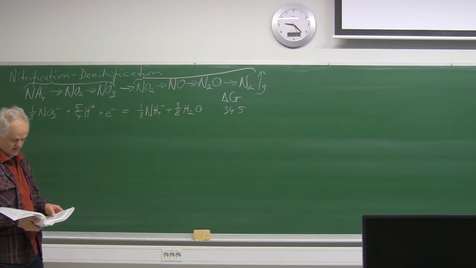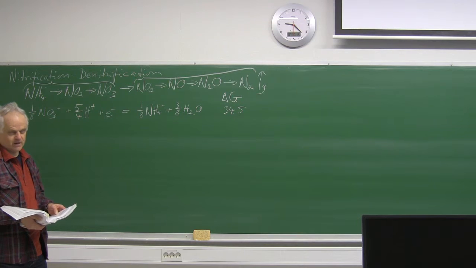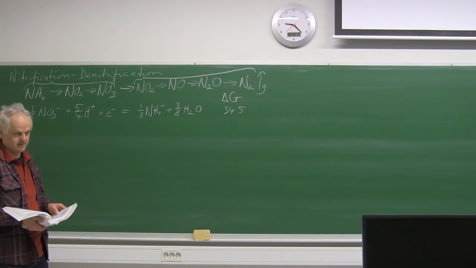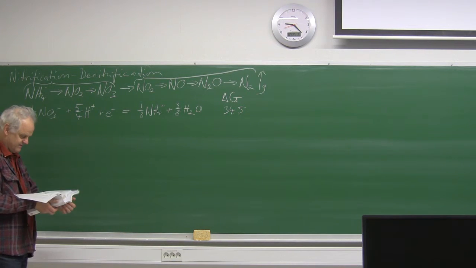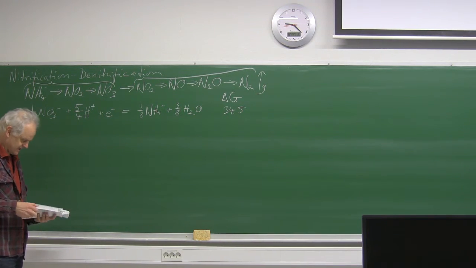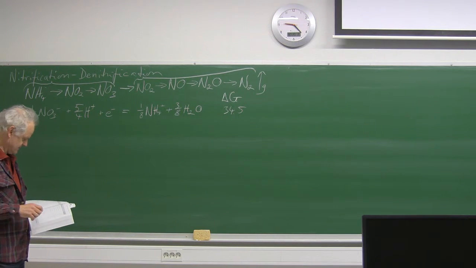Many good suggestions, only one of them is right. And it's not obvious if you don't know it. It's number 4, oxygen. Oxygen is the preferred electron acceptor. It may even be the only one. So nitrification, it's a rather sensitive reaction, as we will discuss later.